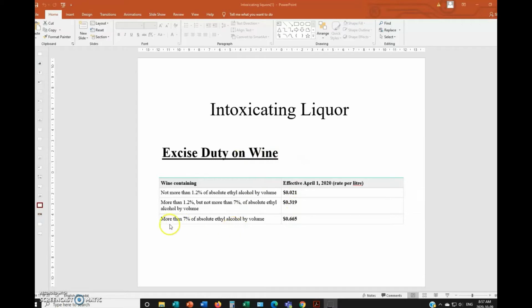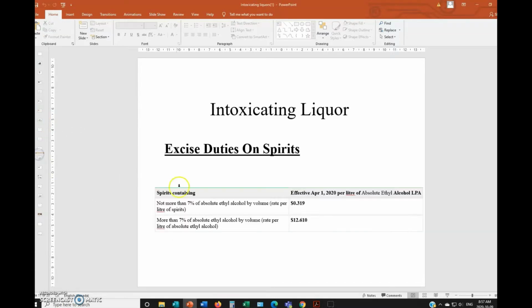So as we can see here, these are the excise duty rates on wine. And you notice the difference here is it's not per LPA like it is on liquor. On liquor, it is $12.61 per liter of LPA, liters of absolute pure alcohol.